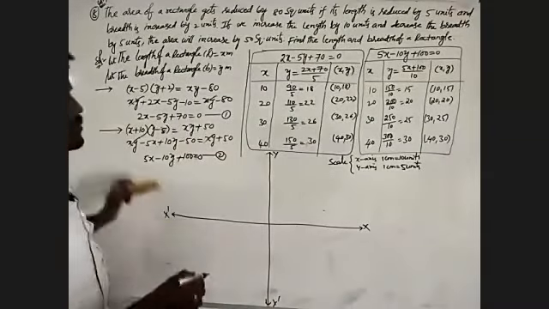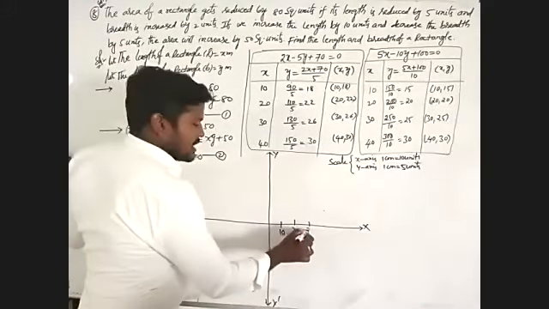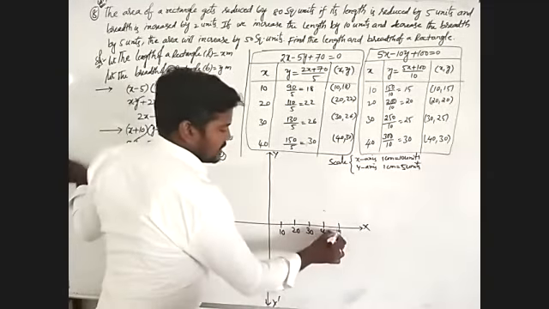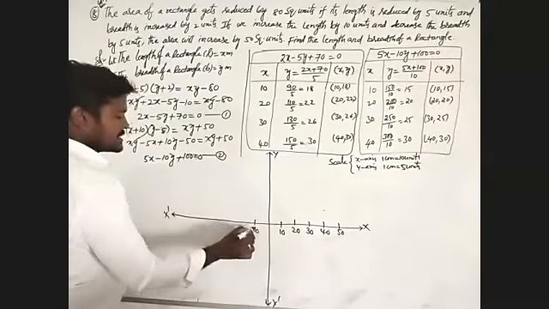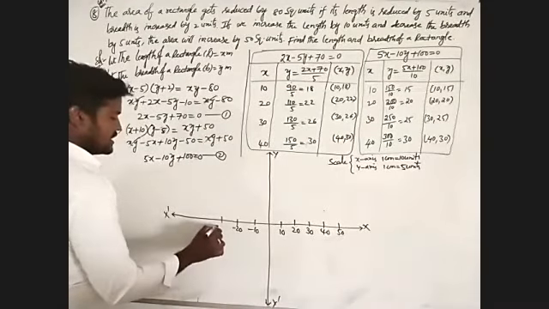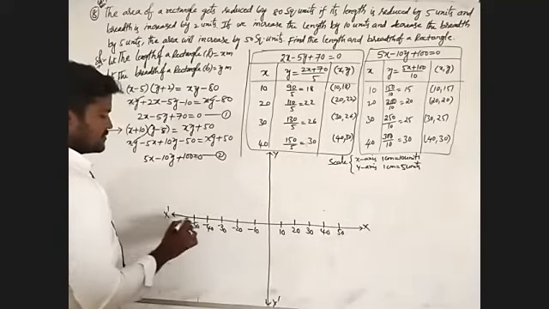We have to draw the points. This is 10, 20. After that 30, 40, 50. Here also the negative x-axis is minus 10, minus 20, minus 30, minus 40, minus 50.